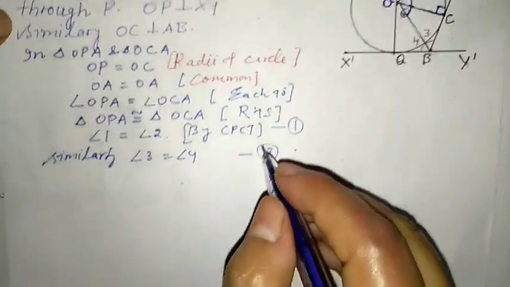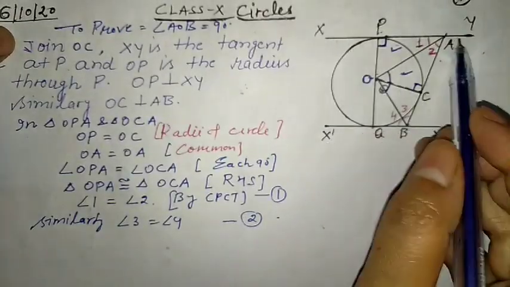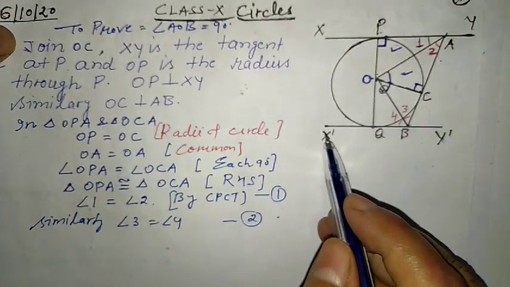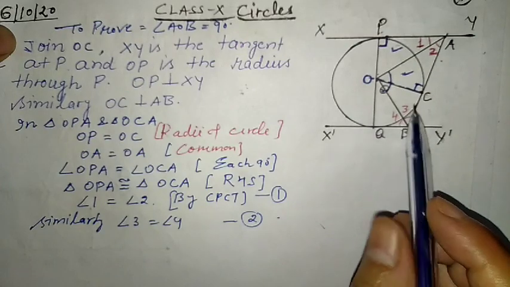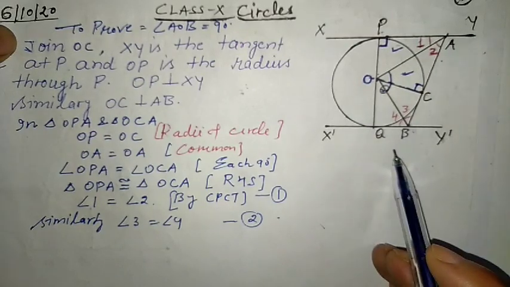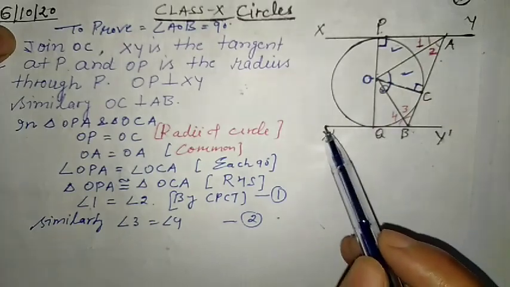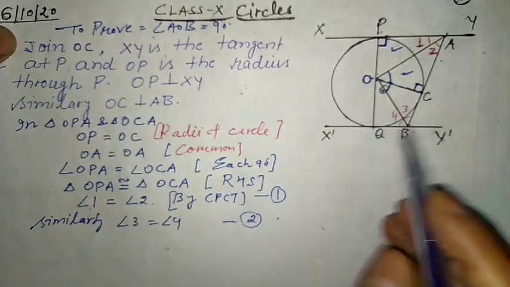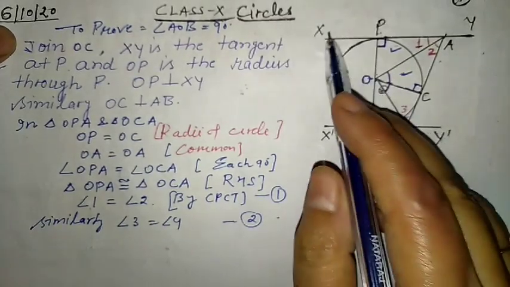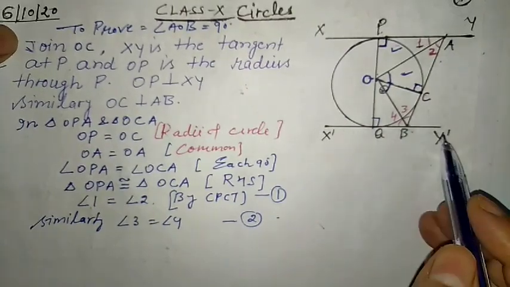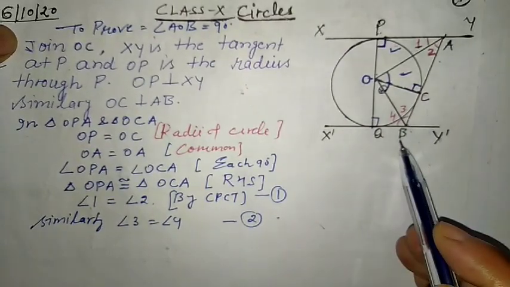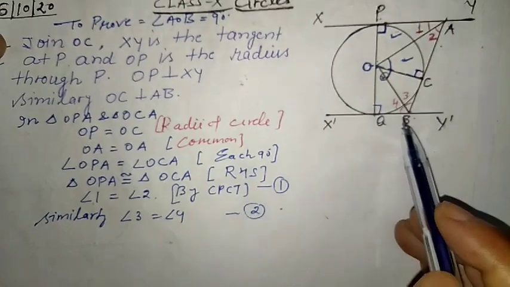Got it? Now what do we have? We have that XY is parallel to X'Y' and AB is the transversal. If we look at this, both are parallel. These tangents are parallel because this is also 90 degrees. So XY is parallel to X'Y' and AB is the transversal of these two. So what does it mean?